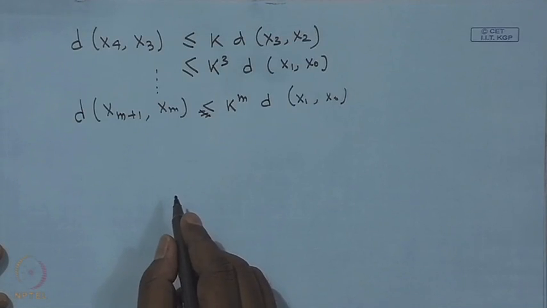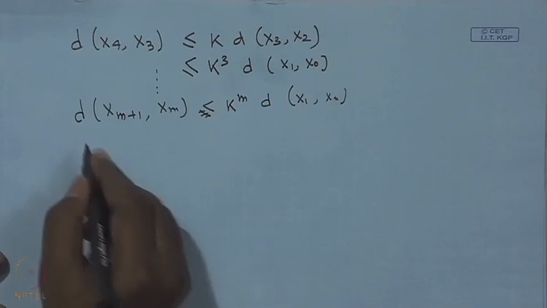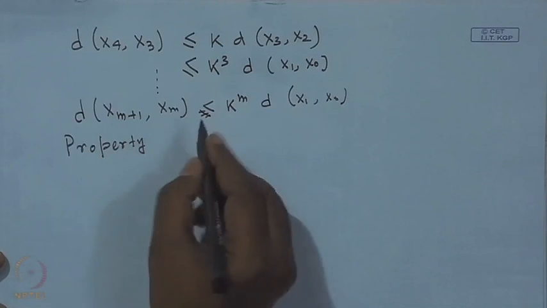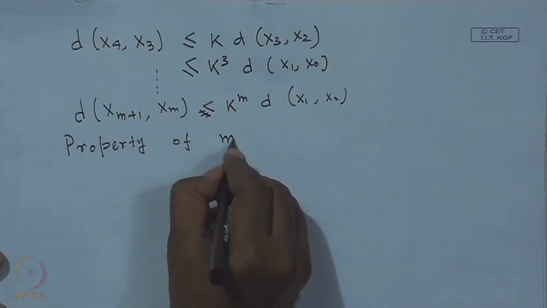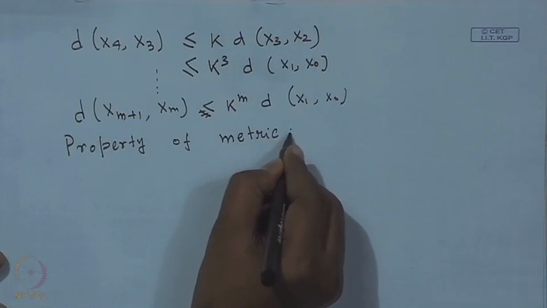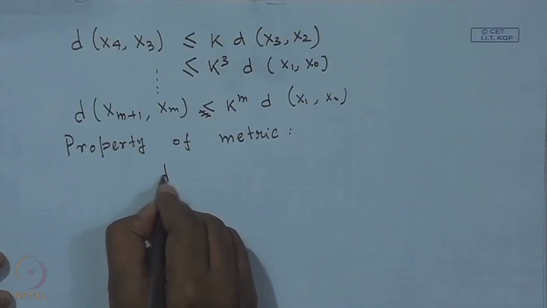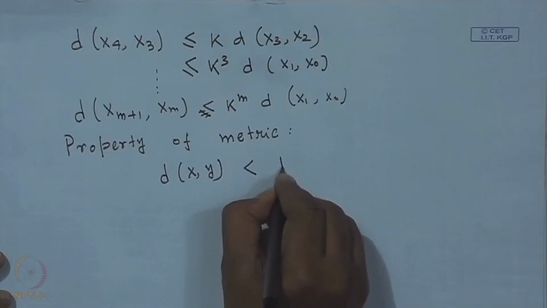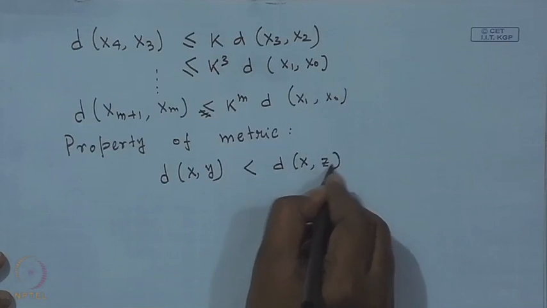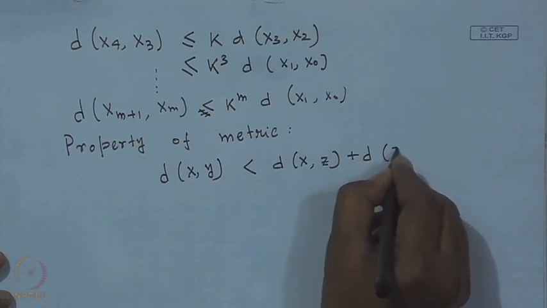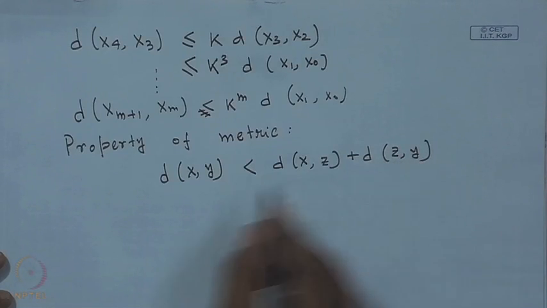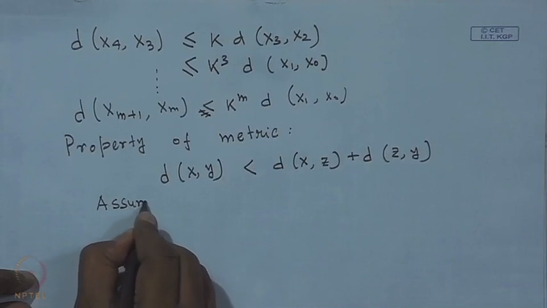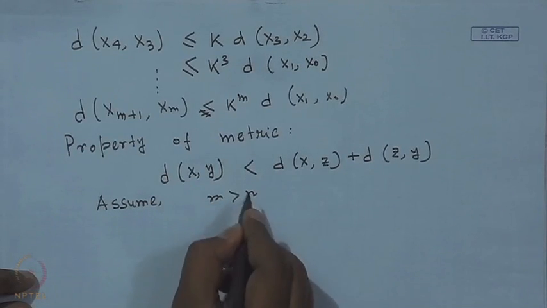Now, we will look into the triangle inequality of the metric property. Go to the property of metric. This property says that metric between x and y should be less than metric between x and z plus metric between z and y. Now, we assume m is much greater than n.